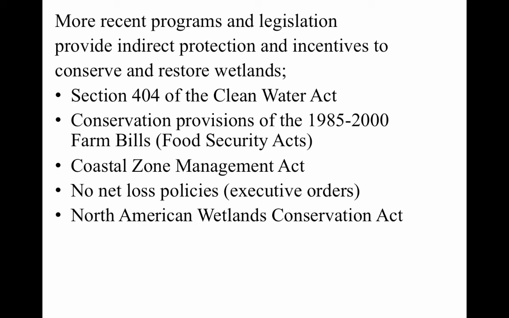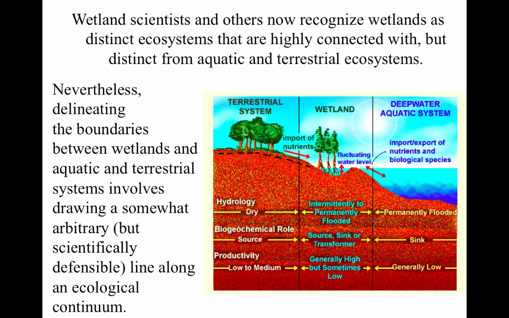And so as part of that negotiation process, certain senators and congressmen will try to insert maybe environmental provisions, and in this case, preserving of wetlands. The Coastal Zone Management Act, there's no net loss policies. Executive orders, which are signed by the president, do not need congressional approval, but it's more or less directing federal agencies that if wetland is lost in one place, it's going to be restored somewhere else. And the North American Wetlands Conservation Act.